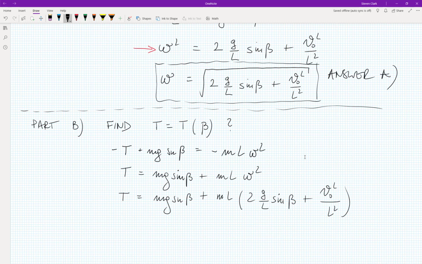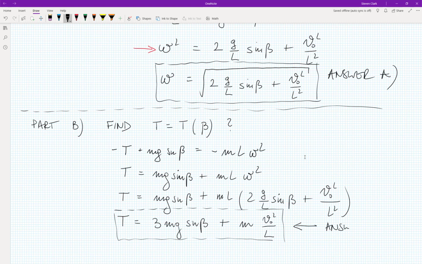And if you simplify this expression, you should end up with the following: 3mg sine beta plus m v0 squared divided by L. And this is exactly what we were fishing for. This is the answer to part B, since this is exactly tension expressed as a function of beta.